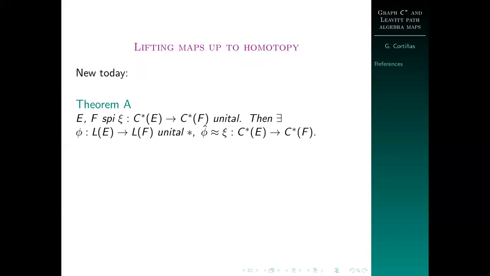So in other words, every unital star homomorphism between SPI graph C-star algebras is homotopic to an algebraic one.